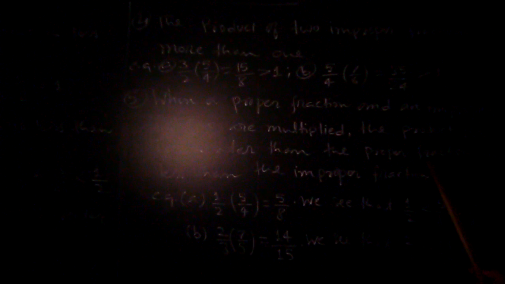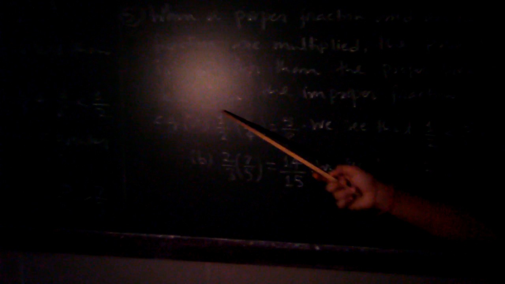Now see, here we are multiplying a proper fraction and an improper fraction, so the resulting product will be greater than the proper fraction but less than the improper fraction. Let us see this through one example. Suppose we are multiplying half with 5/4. Now see, 1/2 is a proper fraction, 5/4 is an improper fraction. So when we multiply, the result is 5/8.